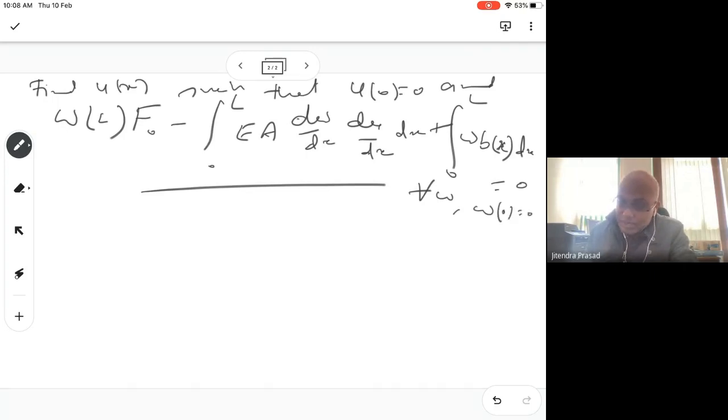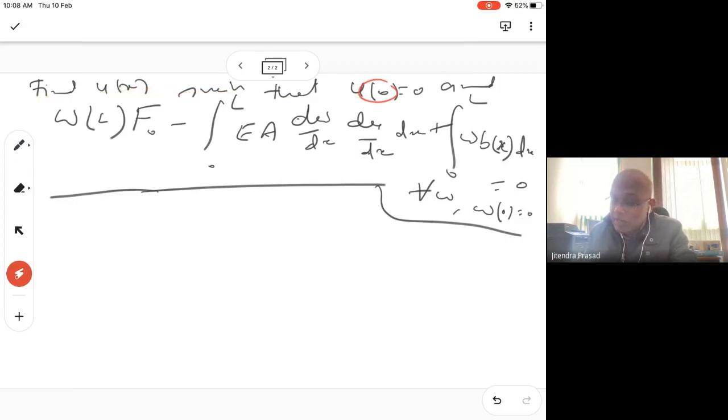This is the full statement of the weak formulation. Find ux such that u at 0 equal to 0 and this is equal to 0 for all w with w0 equal to 0. So this is the full statement for the weak form.